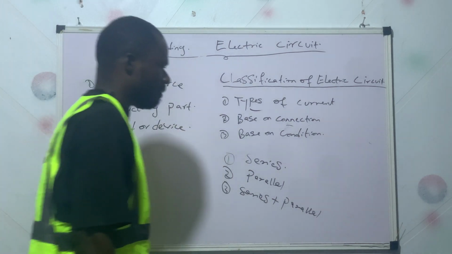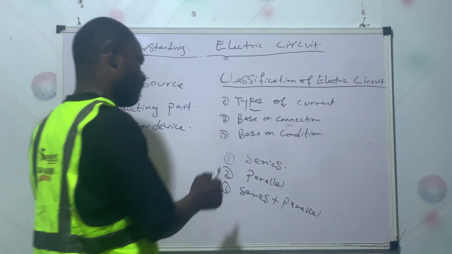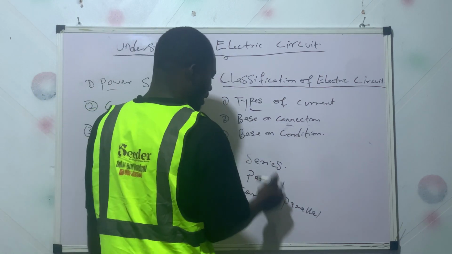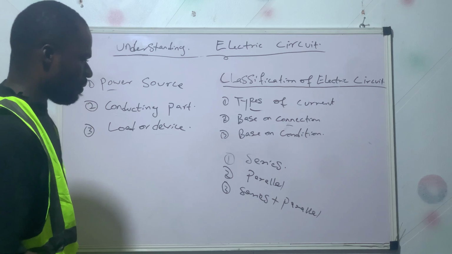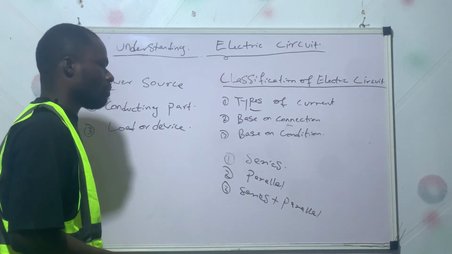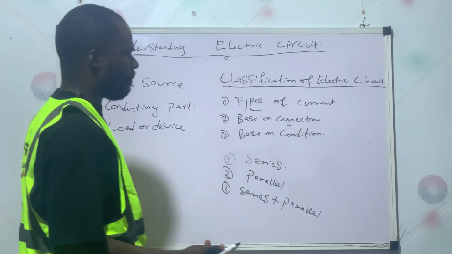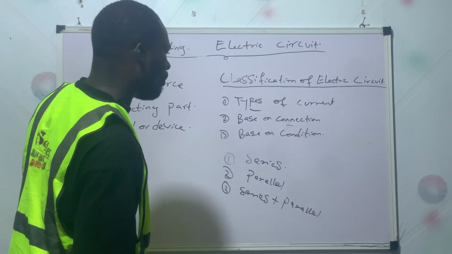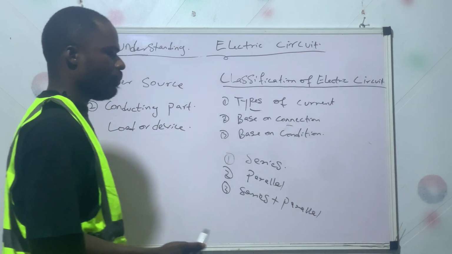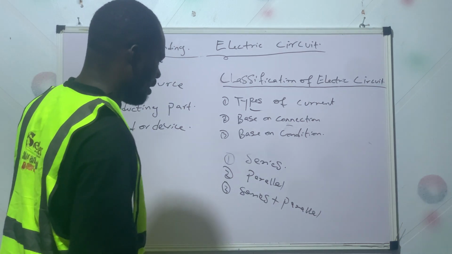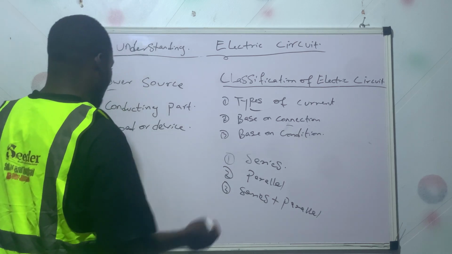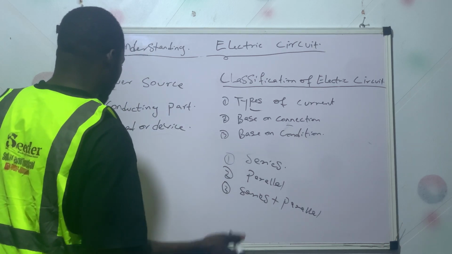What is a series connection? This is very important to understand. Series connection is a type of connection that adds up or divides your voltage while the current remains constant. That is a series connection.